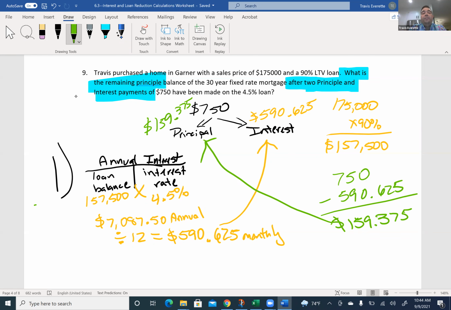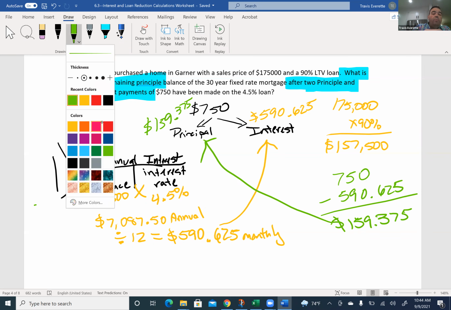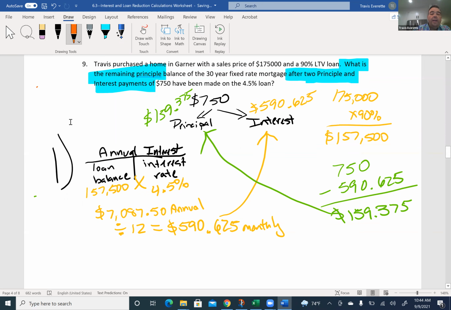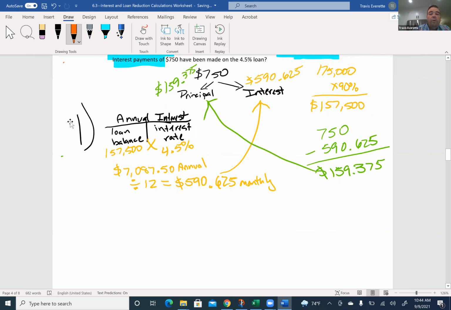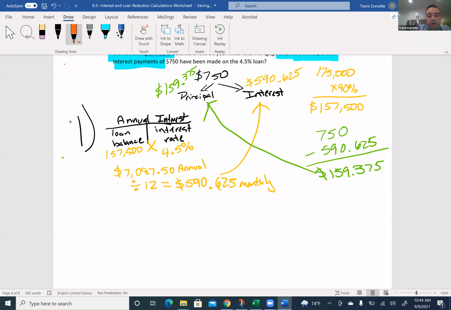Well, to know what Travis's balance is after he made that first payment, we got to go one more step. So Travis's balance after he made that payment is actually going to start with his original balance that he borrowed, $157,500, and that's the starting balance.